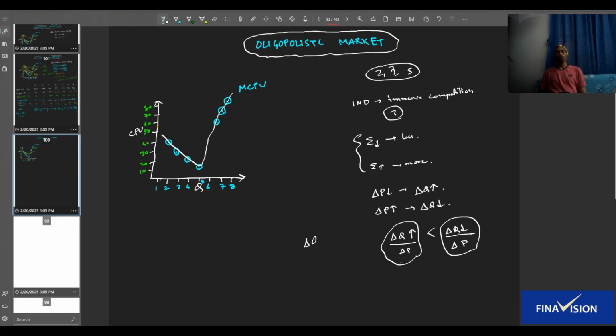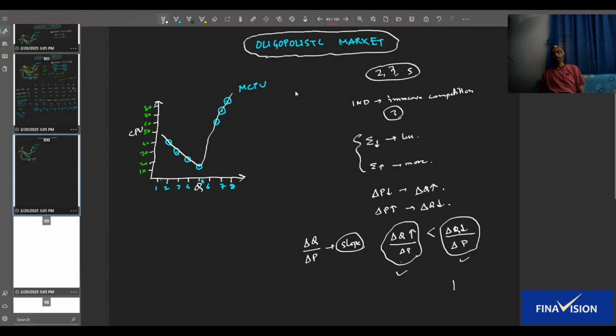We know del Q and del P is the slope. Now, slope of price increases is more than slope of price decreases. How will these 2 slopes look like? Let's try and understand. Let's say price is on the vertical axis.